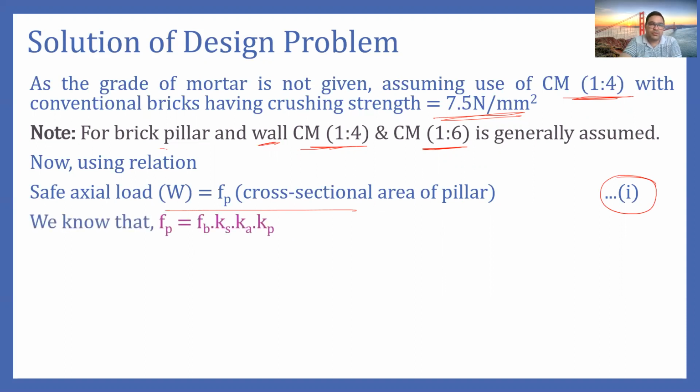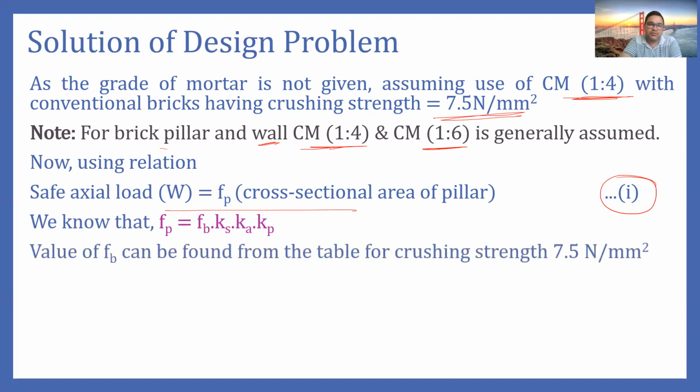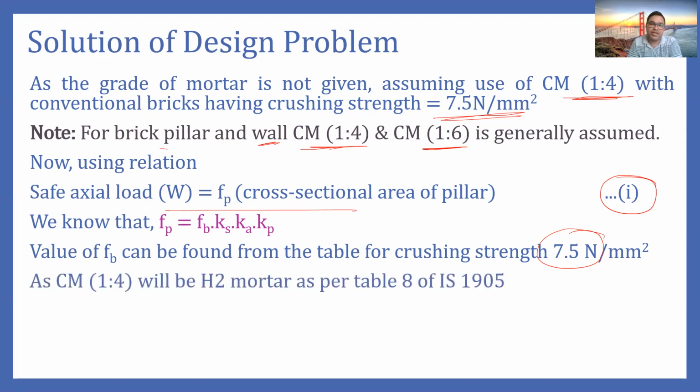So now we will first try to find out the value of FP, and FP is dependent on these 4 parameters. First we will find out the FB value, because it can be found very easily, as we know the crushing strength of the brick is 7.5 and the grade of mortar is H2. So I will show you table number 8 and what the value of FB is in the table.